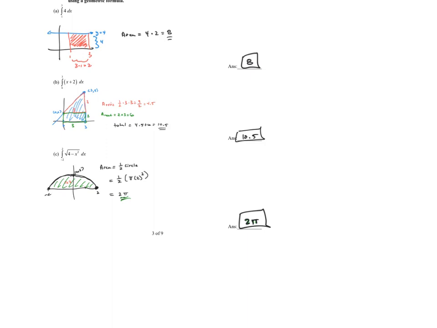But if we use the limit process on these problems, especially this last problem, that would be an absolutely miserable process. So sometimes the limit process is the best thing to do, and sometimes it's absolutely not. Sometimes you just want to look at the picture and see if you could figure out exactly what it is without using the limit process.